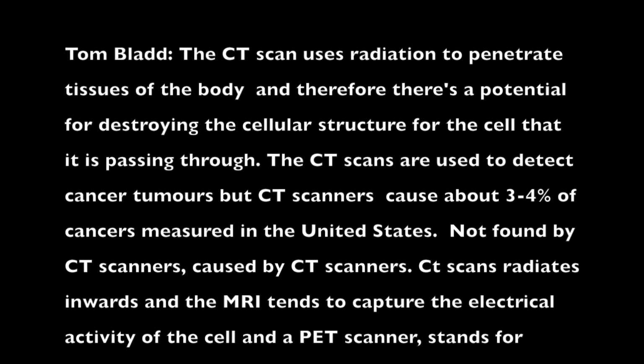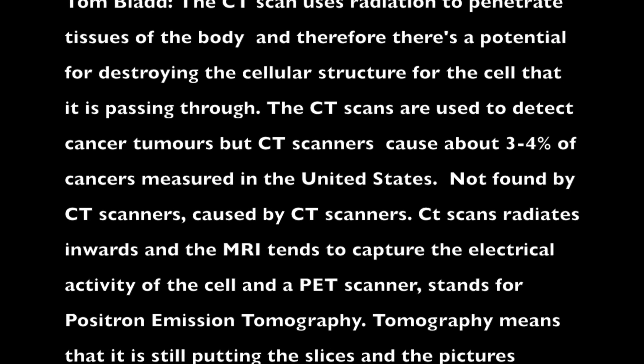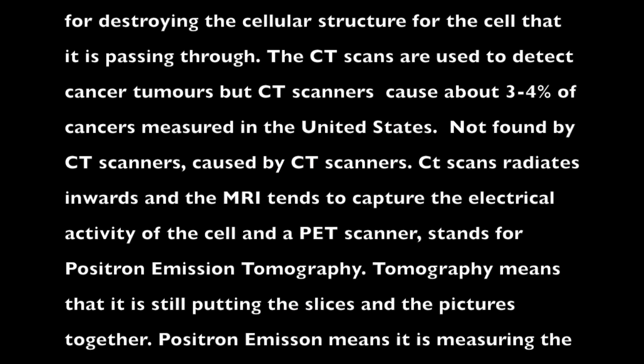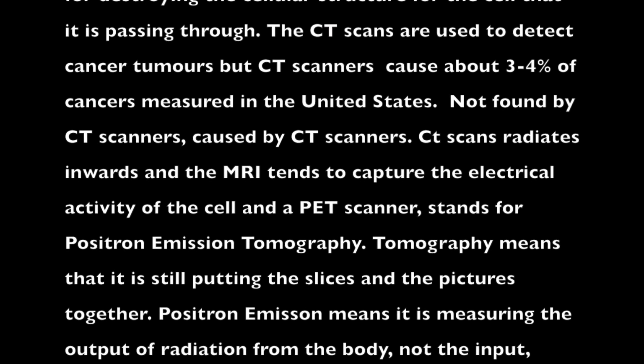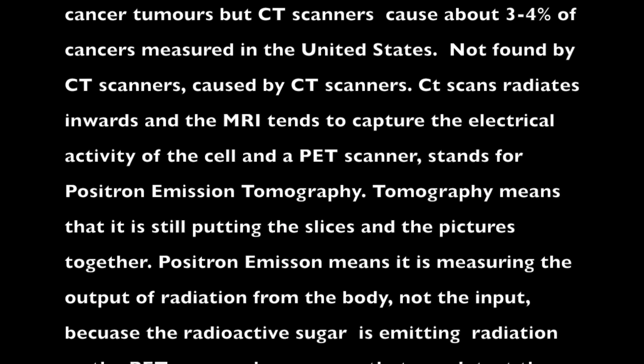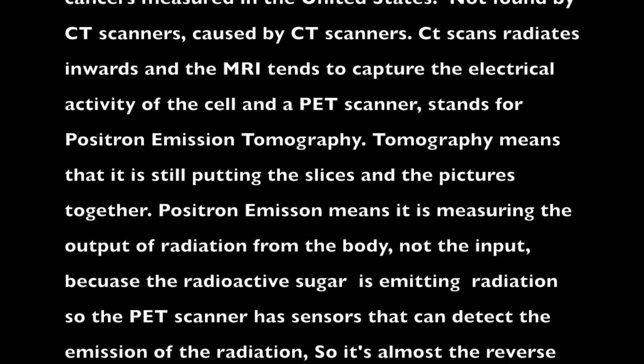So a CT scan radiates inwards, an MRI simply captures the electrical activity of the cells, and a PET scanner stands for positron emission tomography. Tomography means they're still putting the slices and the pictures together.